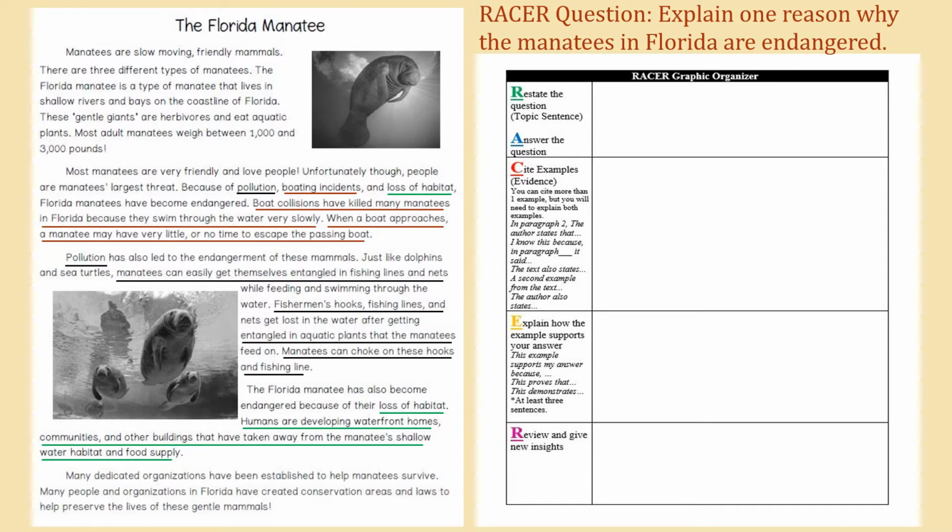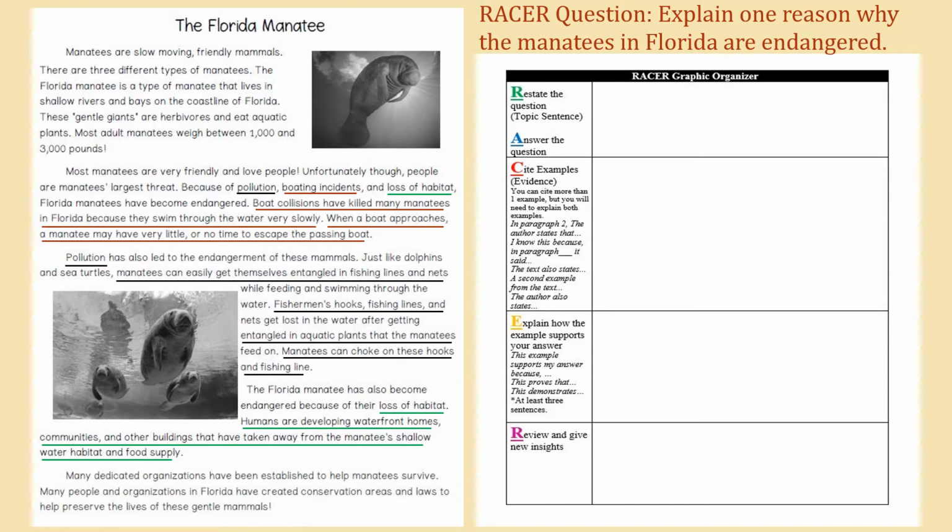Okay, so that is the passage there. And I went ahead and underlined because we know that our writing prompt is going to be to explain one reason why the manatees in Florida are endangered. And so I underlined the three reasons in the passage: pollution, boating incidents, and loss of habitat. I also went ahead and matched and underlined the explanation of those three reasons.